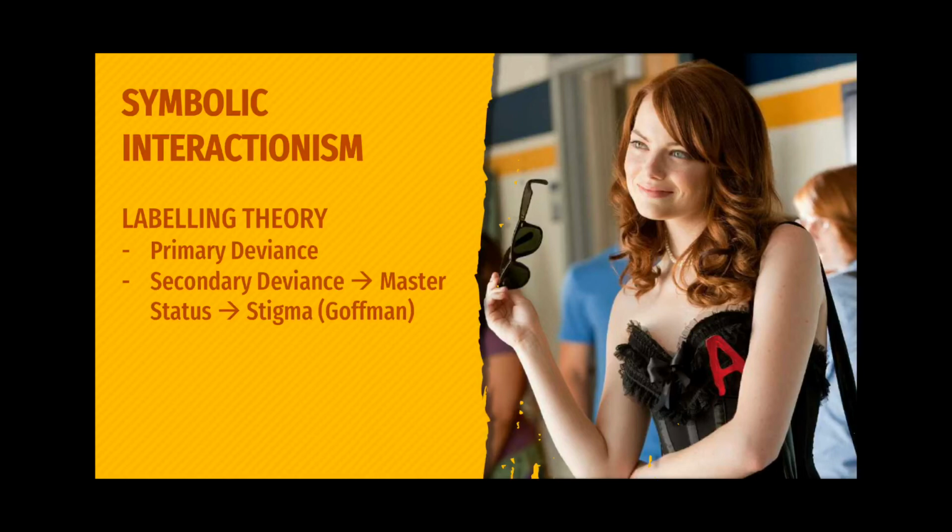And if you've watched Easy A, that's the picture in this slide. This is an example of how this woman, because of so many rumors about her allegedly sleeping with somebody at a party, the rumor started spreading out that she is a slut. And she suddenly, because she was so frustrated, said, you think so, fine, I'll embody what you think I am.